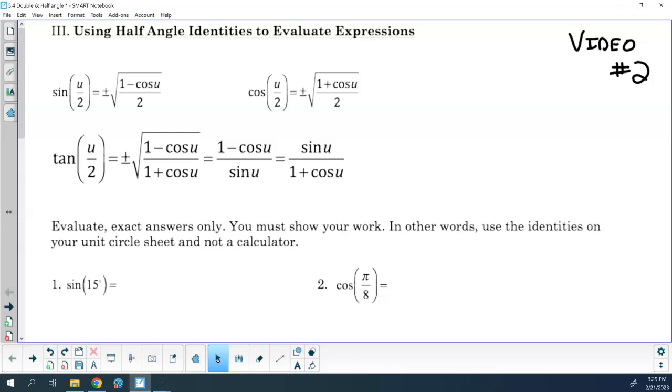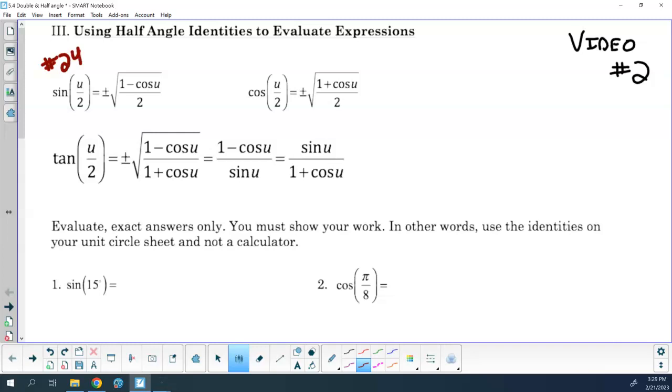And we want to talk about these because these are a little more complicated, but we're still following one of the formulas. So these are on your identities pink sheet. The half angle for sine here is number 24.